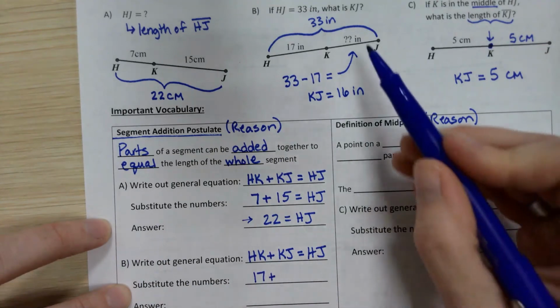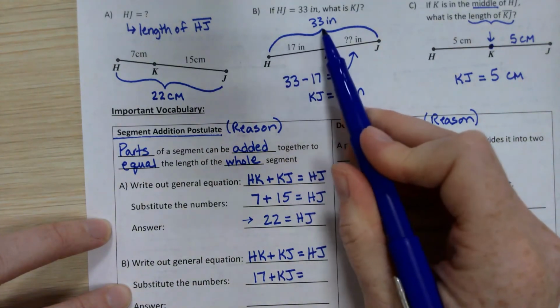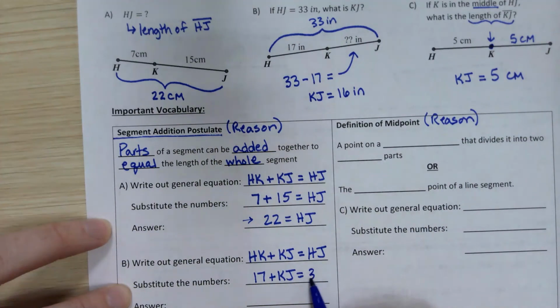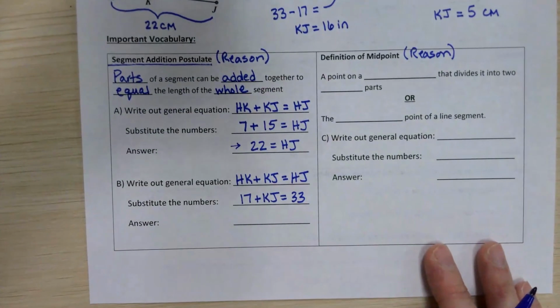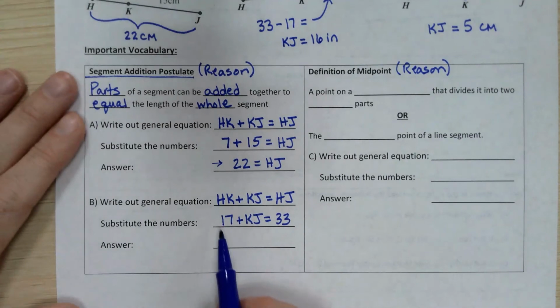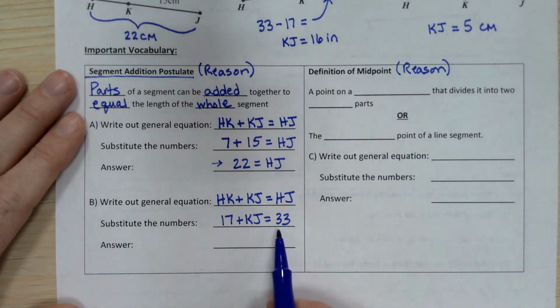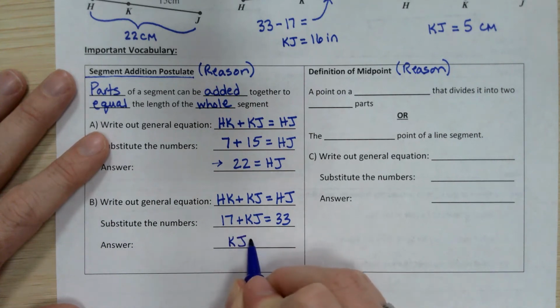We don't know KJ, so we can leave that. But HJ, that whole distance, was given to us. Now, when we did this problem the first time, I did it with subtraction, 33 minus 17. That's exactly what this algebra equation would result in. Subtract 17 from both sides to isolate that KJ and land on your answer of 16.